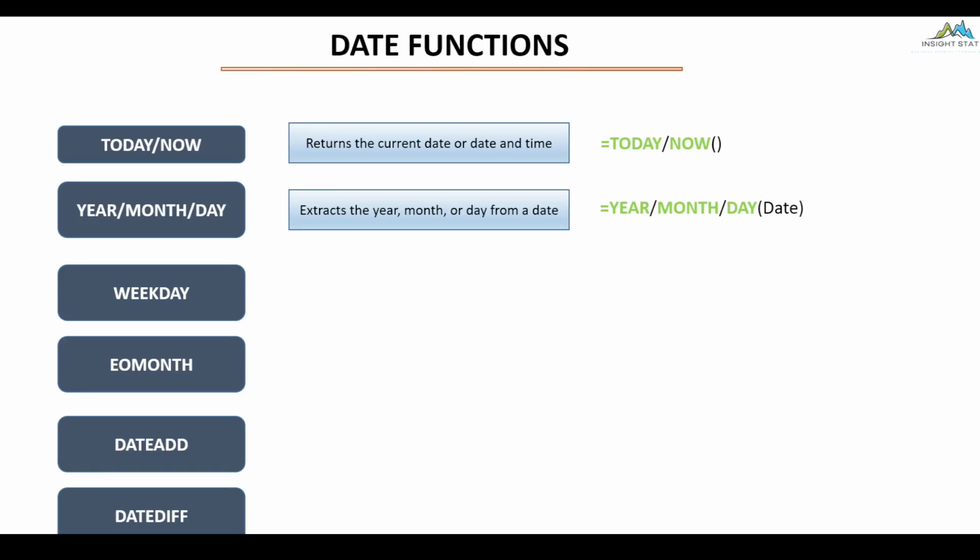So the year, month or day helps us in extracting a specific part of a date, and the syntax is again very simple: year of the date, month of the date or day of the date. So we have to pass the date here.